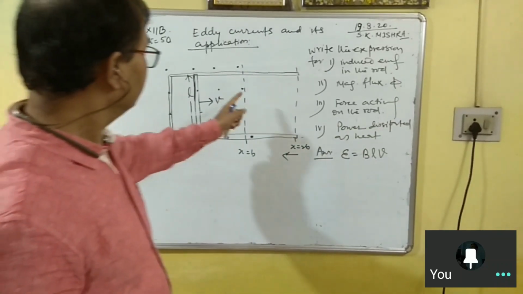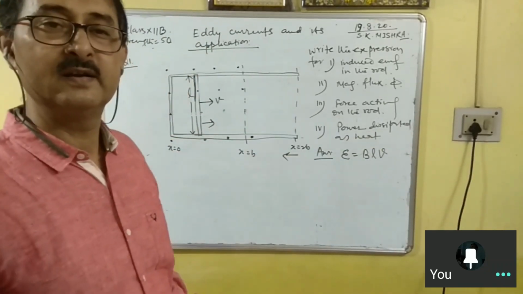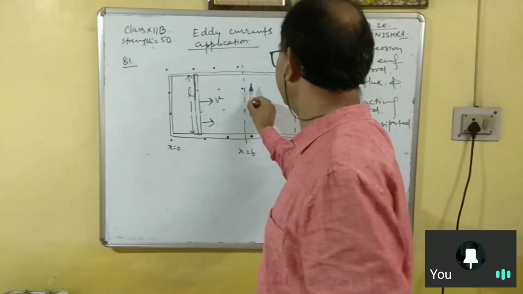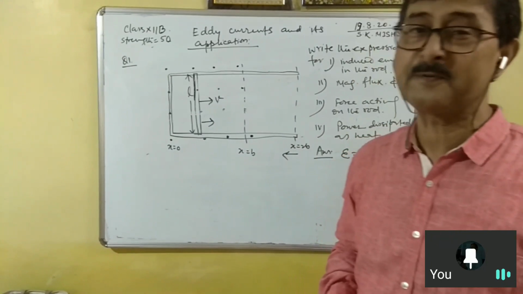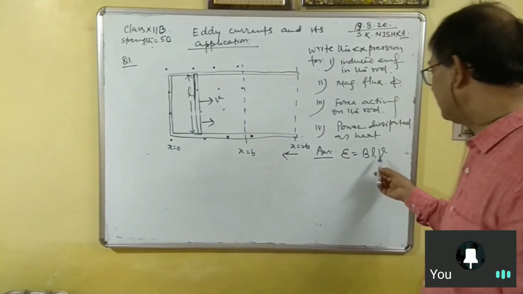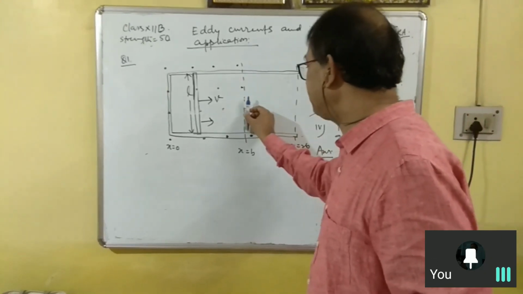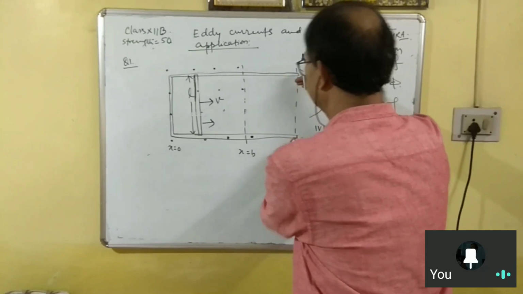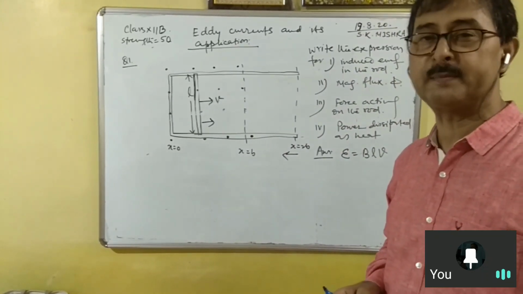Because now within this portion, there is no magnetic field. If the magnetic field is not there, and you are pulling the rod in the absence of the magnetic field, then there is no question of induced EMF, which is the motional EMF, BLV. So the induced EMF will disappear in the right portion, that is from x = b to x = 2b, no induced EMF.